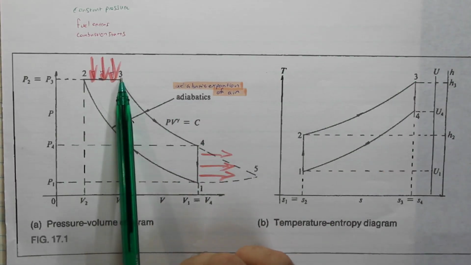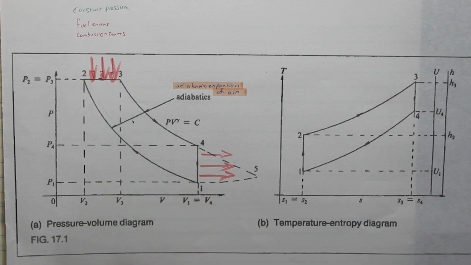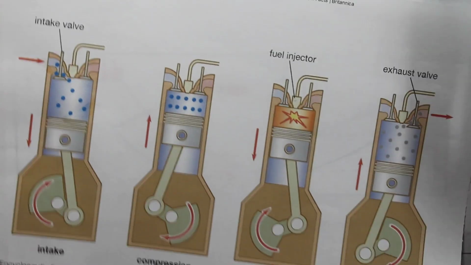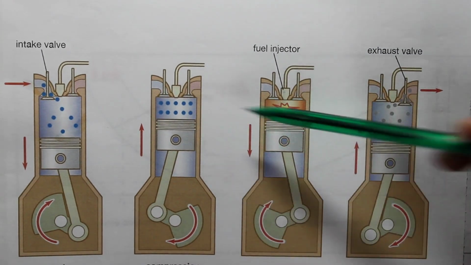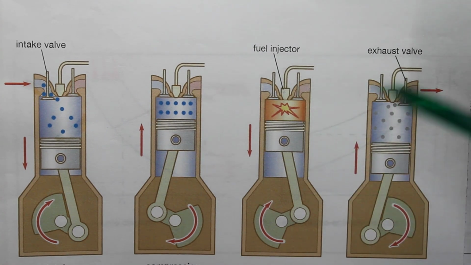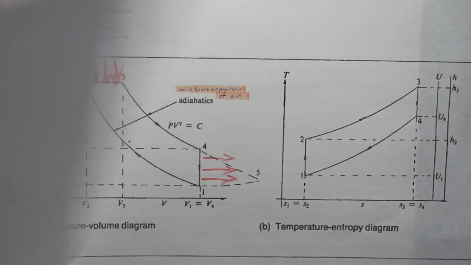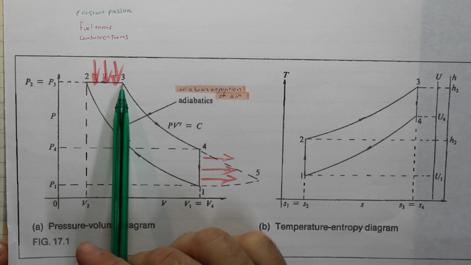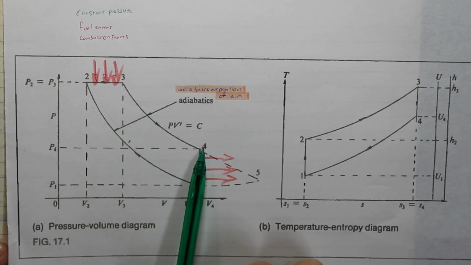You see the volume is slightly increasing, but the pressure is remaining constant. Okay, and then once that compressed air with that burning fuel gets extremely hot, that compressed air now gets so much energy that it starts expanding, and it expands now adiabatically. So it expands adiabatically, and that's your power stroke there.